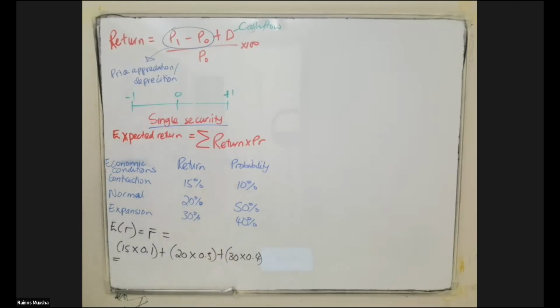So given this information, now we need to find out exactly for this single security, what is the expected return of this single security? So given this information, how much would you get as the expected return?